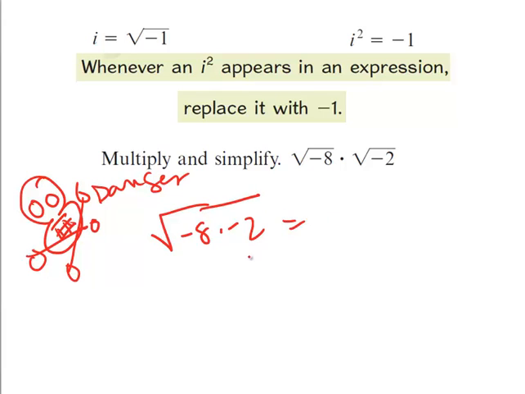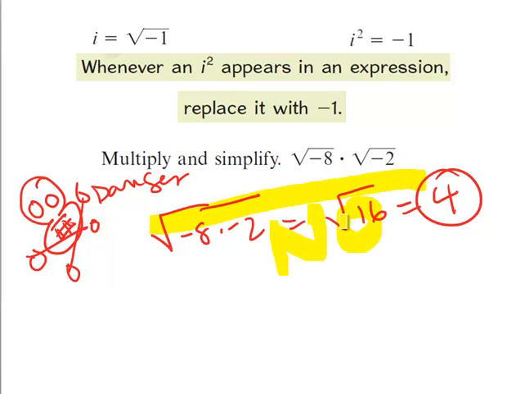So that's just a negative times a negative is a positive. And great. But no, that's wrong. Because we're dealing with imaginary numbers, we have some different things to deal with.